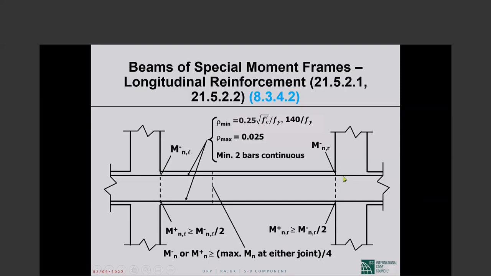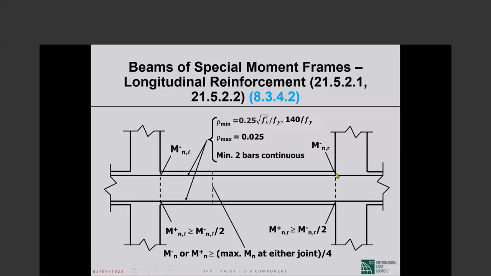I said quite a bit. I think it is difficult to follow. So this support section has a negative moment strength.